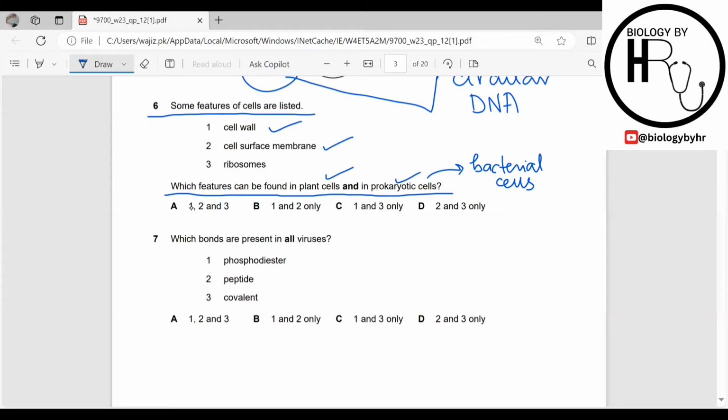Yes, absolutely, the ribosomes are found in the plant cell as well as the prokaryotic cell. Plant cells have both the 70S and 80S ribosomes, and the prokaryotic cells have only 70S ribosomes. So hence the answer over here is coming to be part A, in which 1, 2 and 3, all three statements are correct.